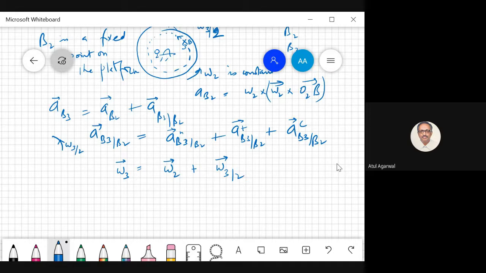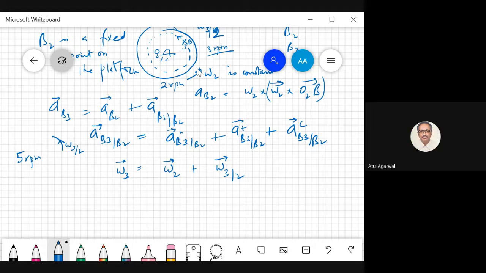Look, this fellow is going, suppose platform angular velocity is 2 rpm, and this fellow is going further with 3 rpm with respect to the platform. So what is his total angular velocity? 5 rpm. Yes, sir. 5 rpm.